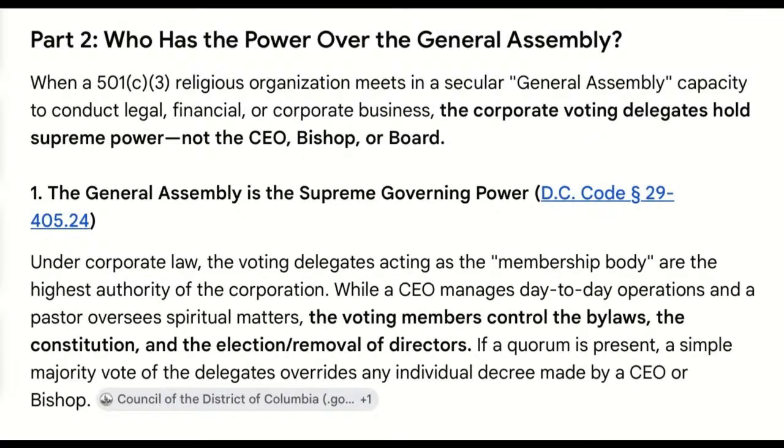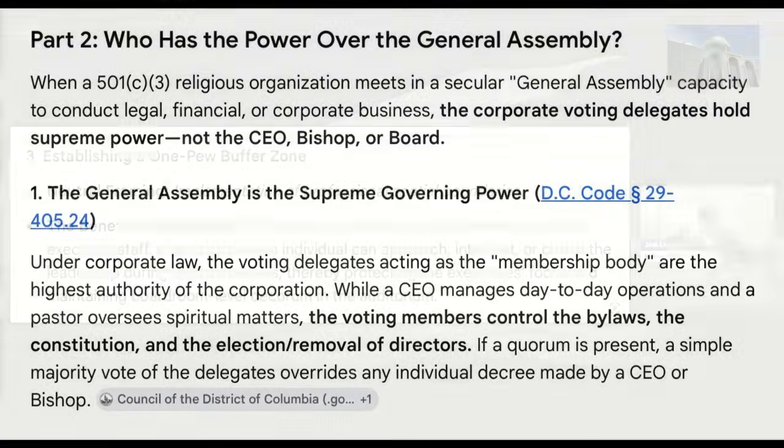That word has been a big word that we've been using in our organization. The General Assembly, the governing body, the people, the assembly is the supreme governing power.